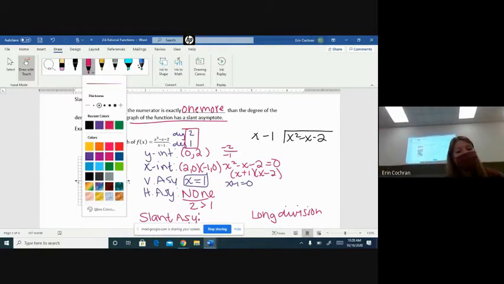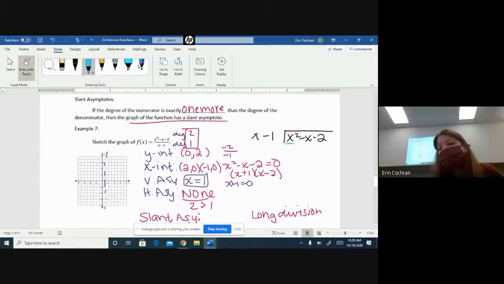All right. So now look in here. X goes into x squared how many times? X. And then what's x times x? X squared, right? And x times -1? -x, right?